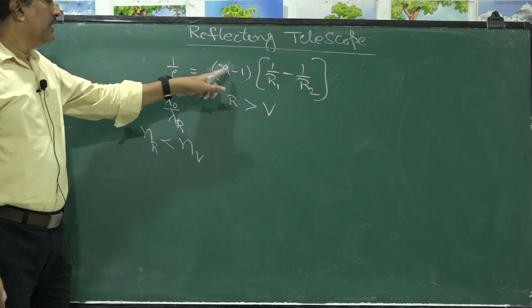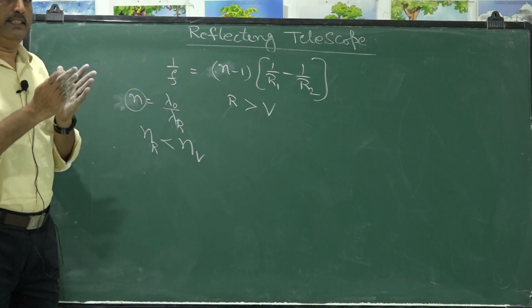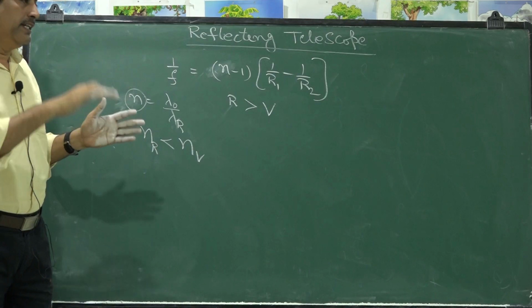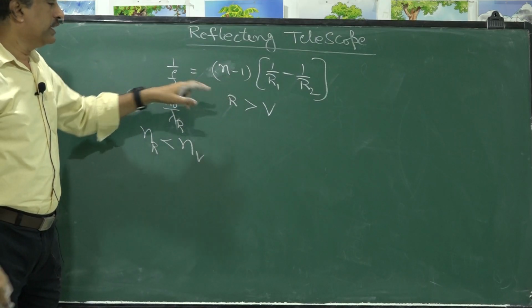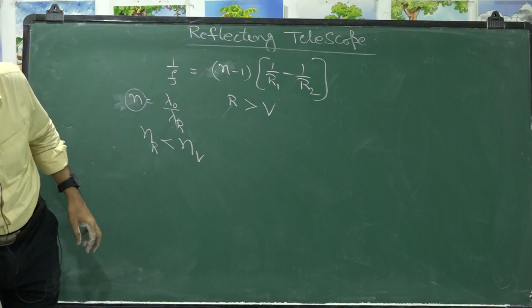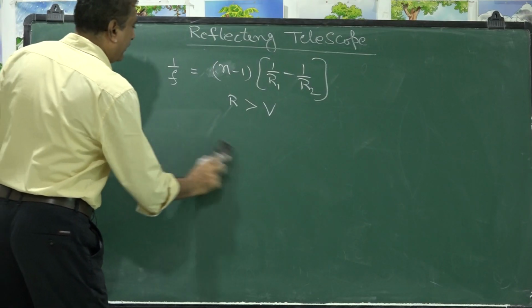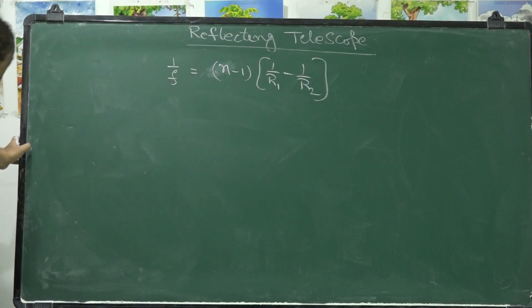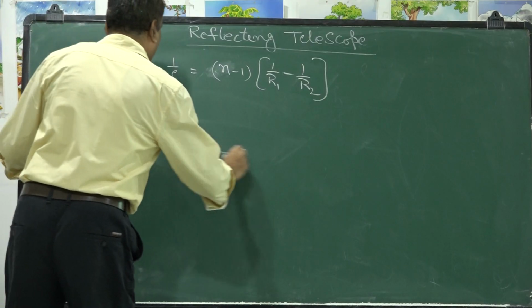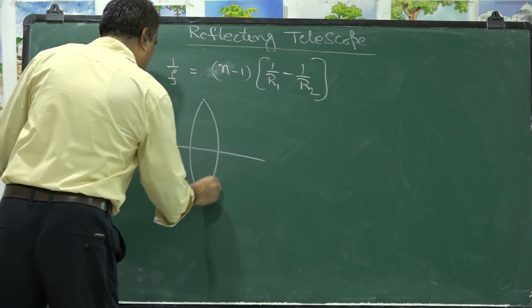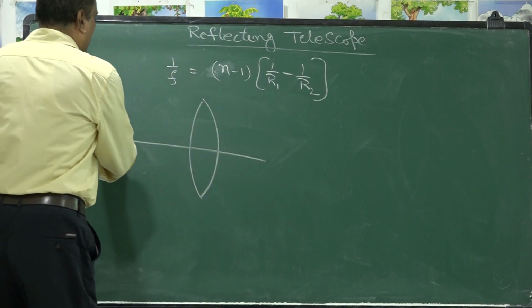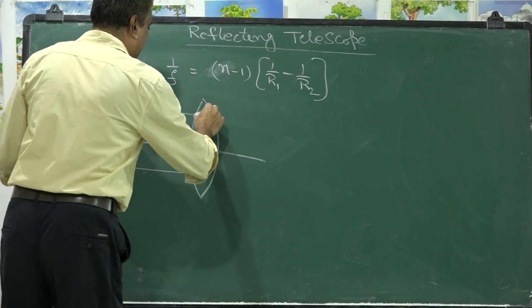Due to this, the focal length changes when white light is incident and gets dispersed, so that two images are formed. Now parallel white rays are incident like this.